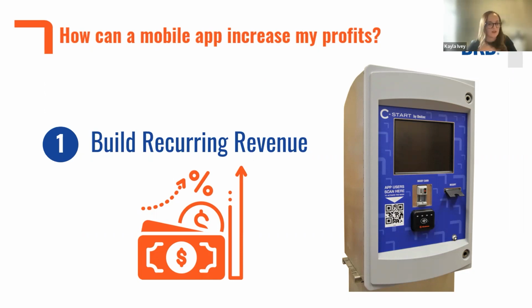So all of those things are why recurring revenue maybe has been a missed opportunity in the past for in-bays, and it's now completely different with mobile apps. This is probably the biggest revenue driver right here: the ability to now offer recurring revenue through memberships in a very seamless way that we haven't been able to before at in-bays.